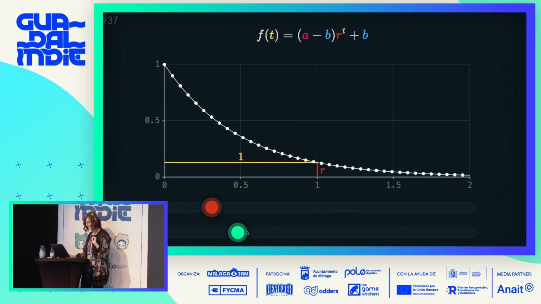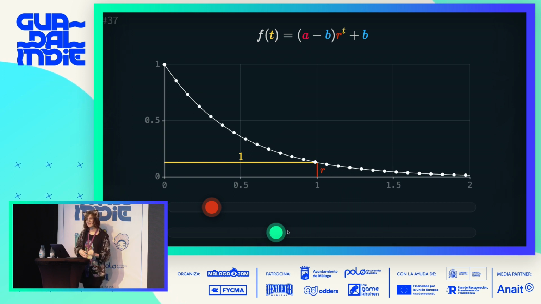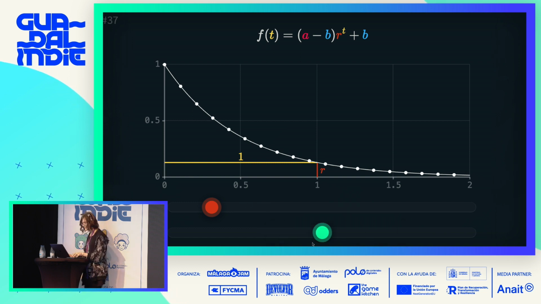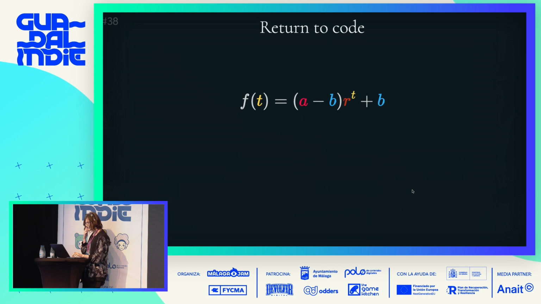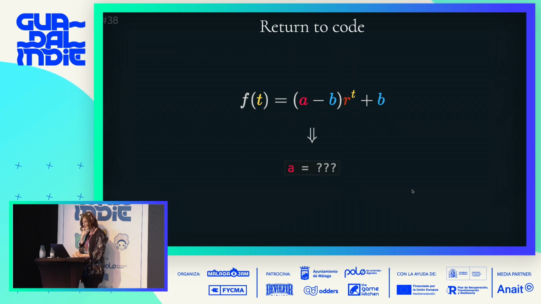All right. But we're not quite there yet, because we haven't implemented this in code, right? We just have some math theory, and that's not enough. We need to make sure that it actually works. So we need to get back to code. So how do we get back to code from this function? Previously we had this per frame assignment in an update loop, but now we just have a function over time.